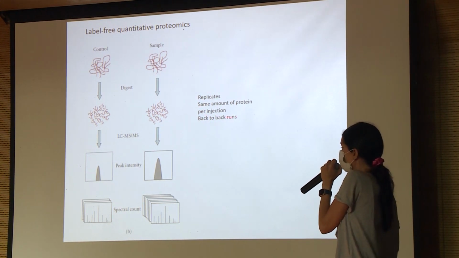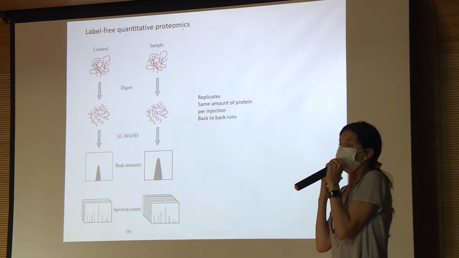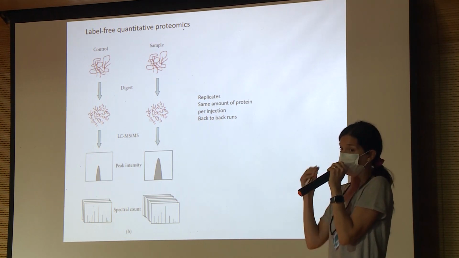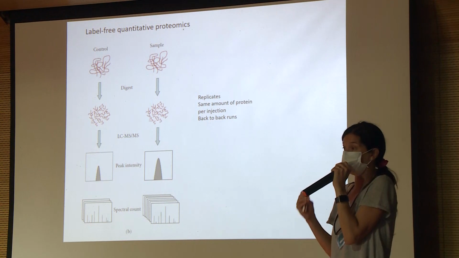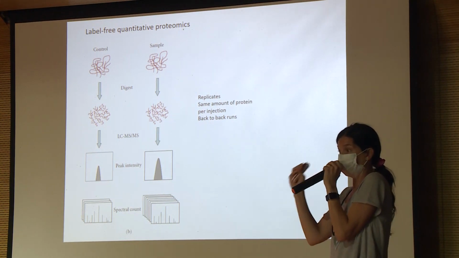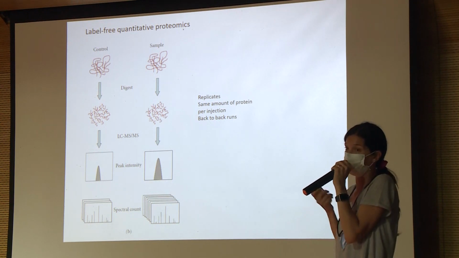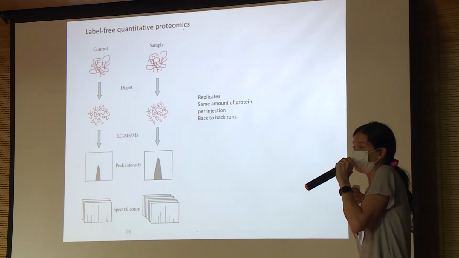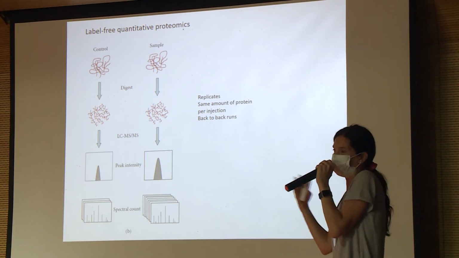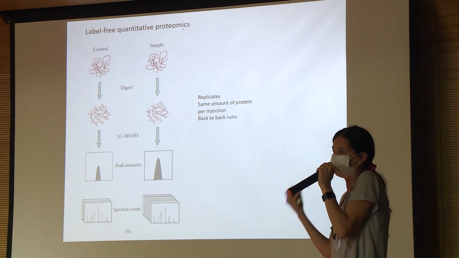It's very important that you're always working with the same amount of protein and that you load the same amount of protein, because if you are not putting the same amount of protein and then you quantify based on the intensity of the peaks, it will not be really inherent to the conditions you're comparing, but to the amount of protein you put.